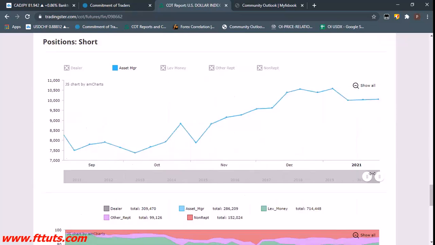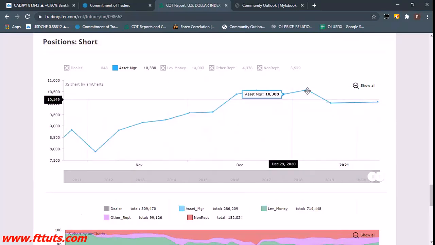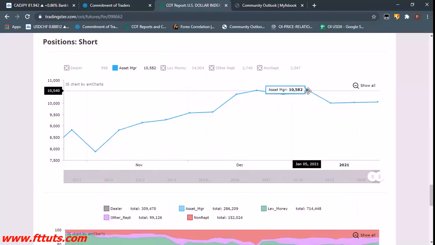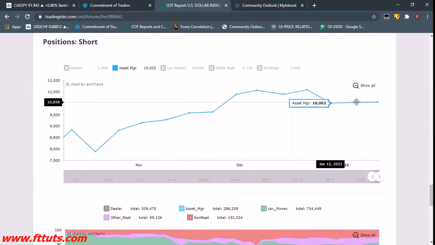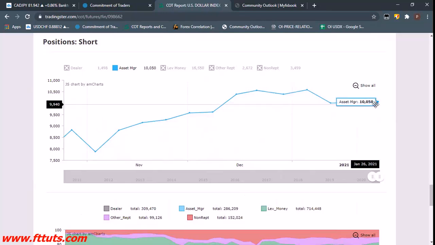Then you will check the same date from the 5th here. On the 5th, we have 10.5, 10.02, 10.029, then 10.0550. So there's a slight increase, but compared to that other one, that one is increasing more.